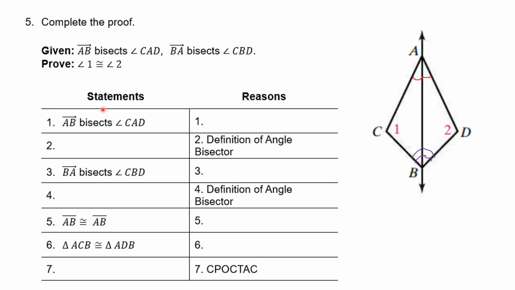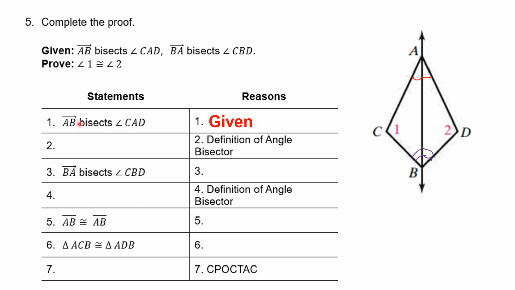All right, so let's see their approach here. You can see we've got blanks on both sides, and we're separated again into statements and reasons. The first statement says, ray AB bisects angle CAD. Well, that was given to us. Next, our statement is blank, and it says, by the definition of an angle bisector.